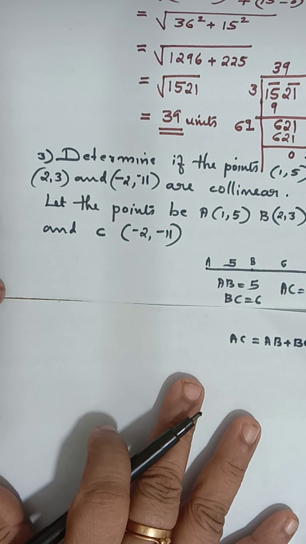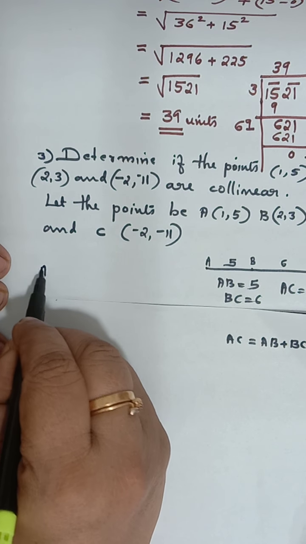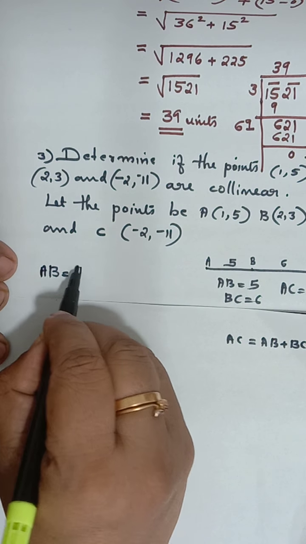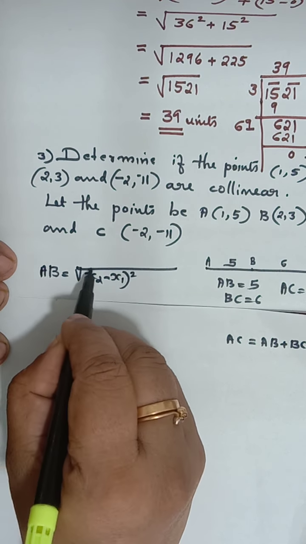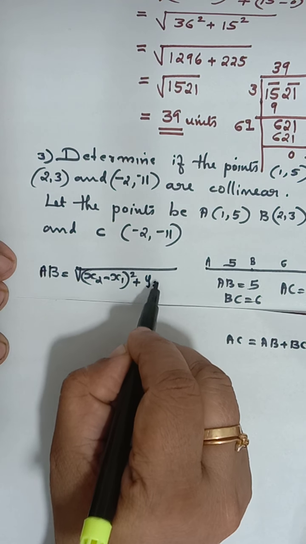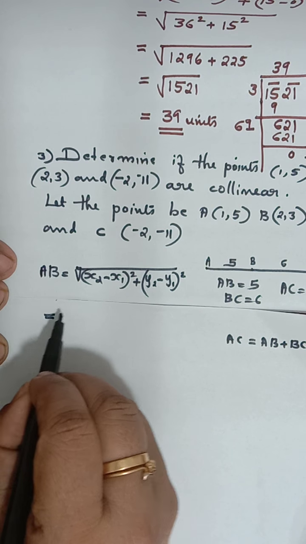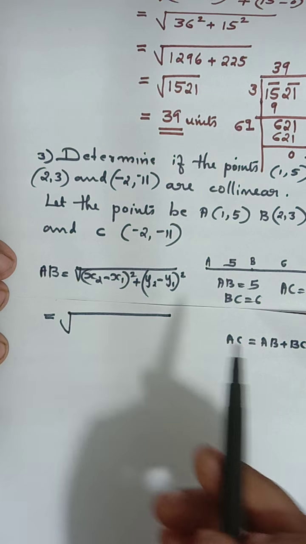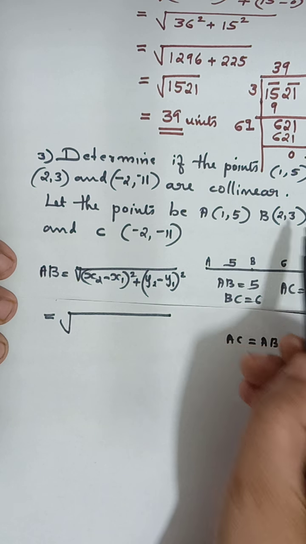First let us find out what is AB equal to. AB equal to square root of, first we will write the formula, (x2 minus x1) whole square plus (y2 minus y1) whole square. This is our x1, y1, x2, y2.